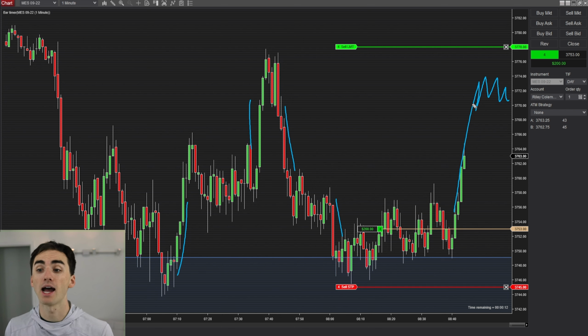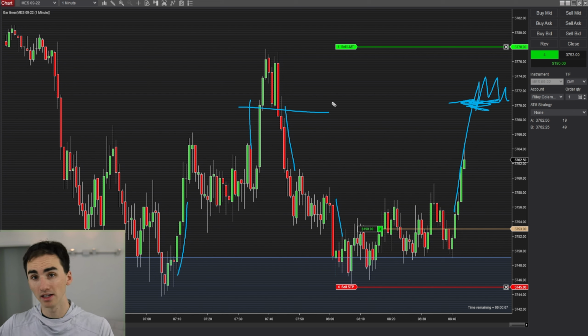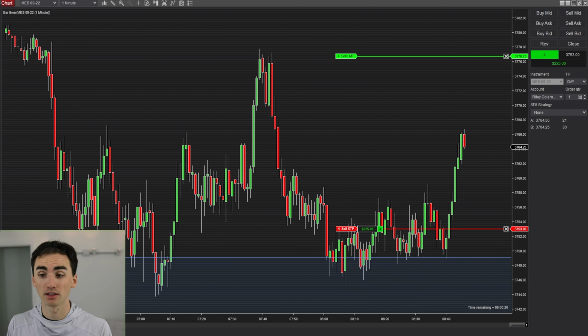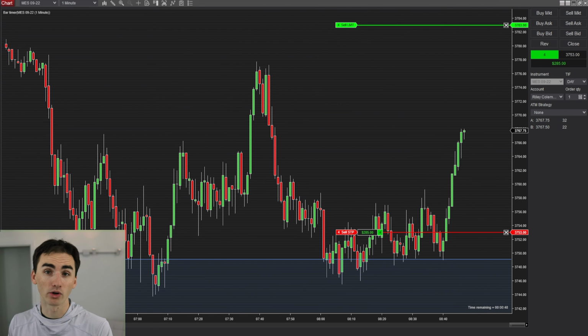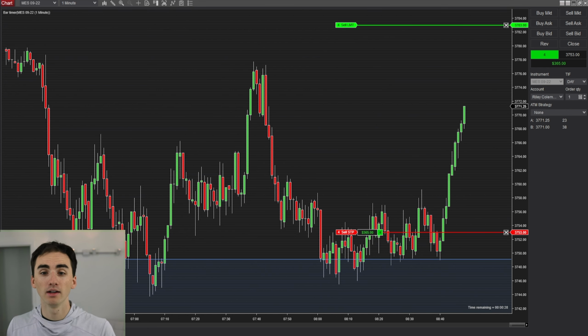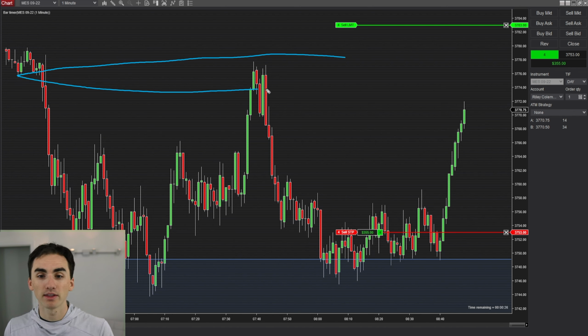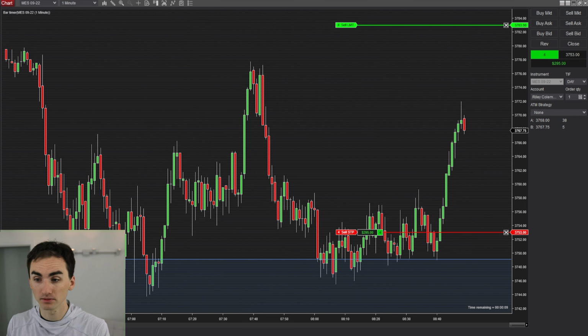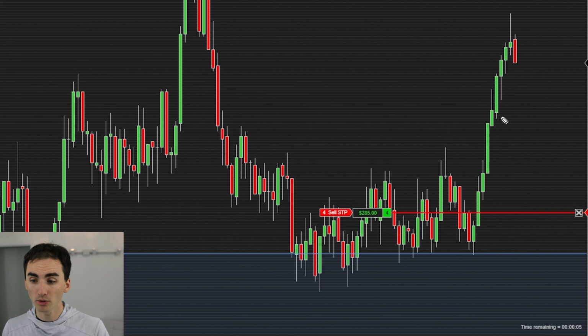And so I want to get out somewhere up here, kind of like we did over on this trade, because I don't want to stay in when that chop is happening, because you don't know what's going to happen. Is it going to chop and then reverse, or could it chop and keep going higher? But because we kind of have this potential resistance level up here, that's a good area to get out. And so I'm going to actually look to get out if the market starts to have a pullback here, because we've had such a fast move up.